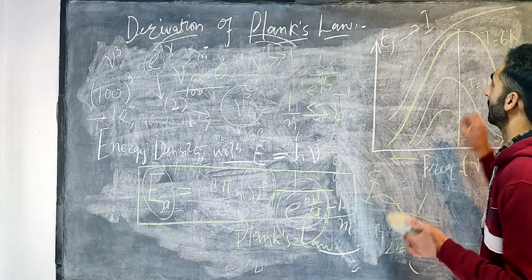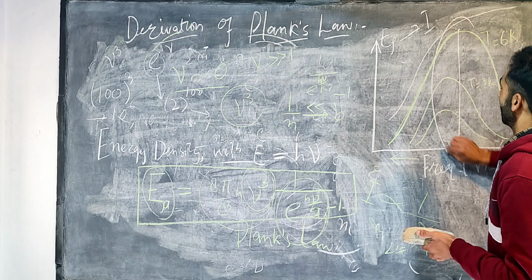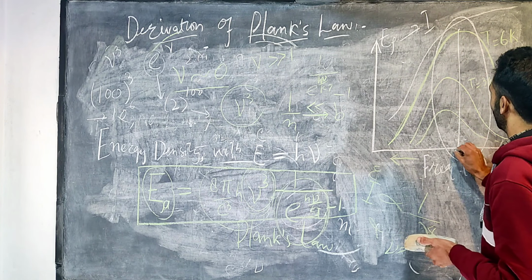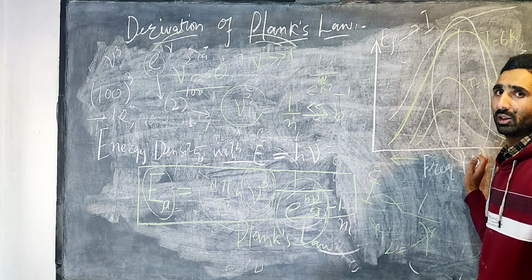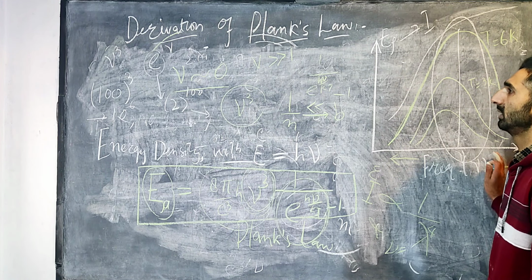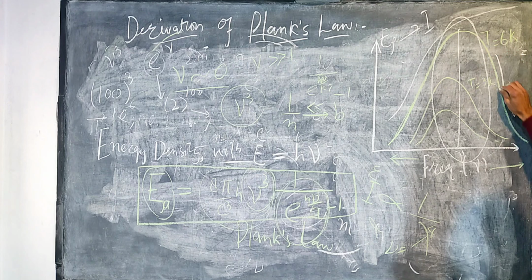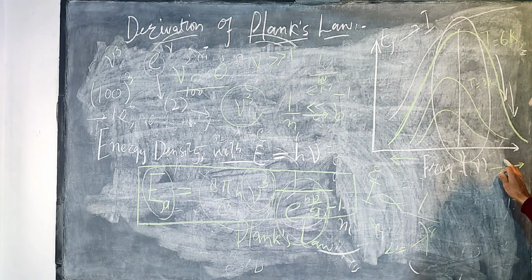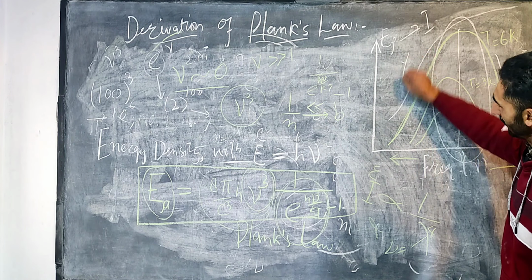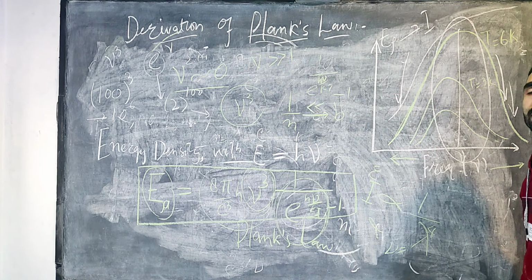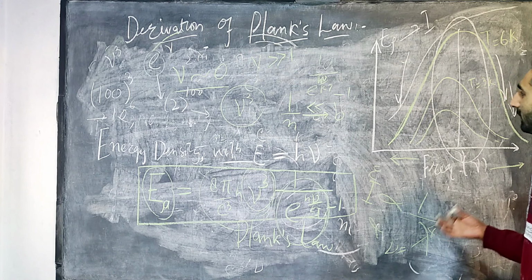The most probable state will be this peak having a frequency range here, and on either side of this frequency, if we increase the frequency, the energy density will be lowered, and if we decrease the frequency, then in either case the energy density will decrease.